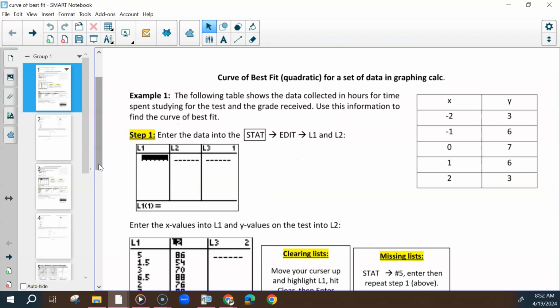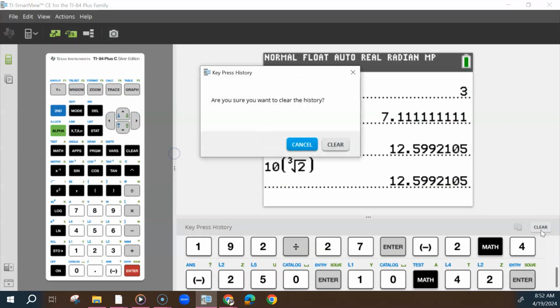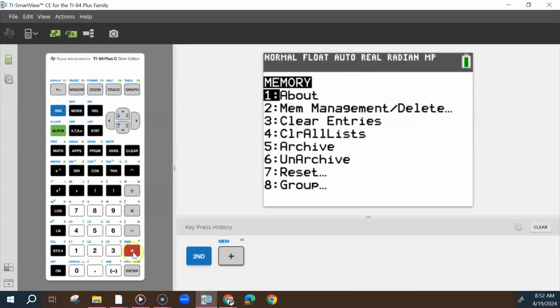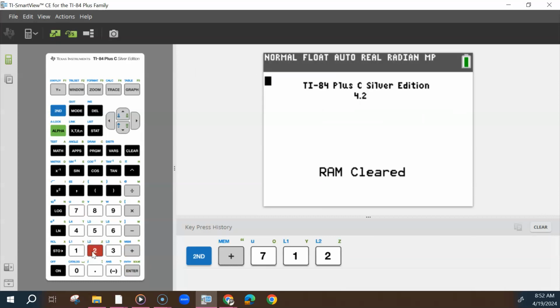So first we're going to do quadratic. So you have all the steps on your notes. We're going to put this set of data into your calculator. So first reset it, second plus 7, 1, 2. And then we're going to go into stat, go into edit, and then put in this data.